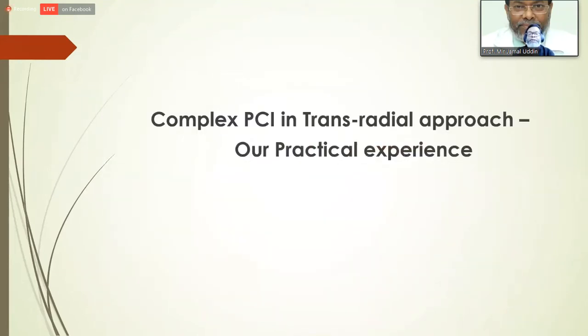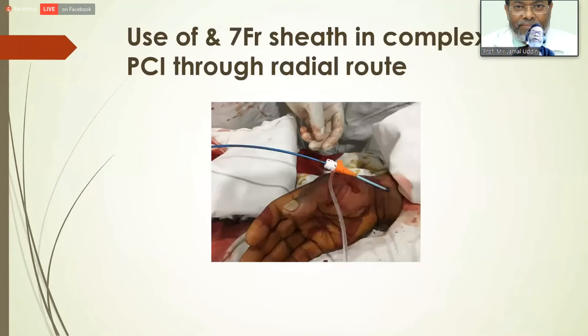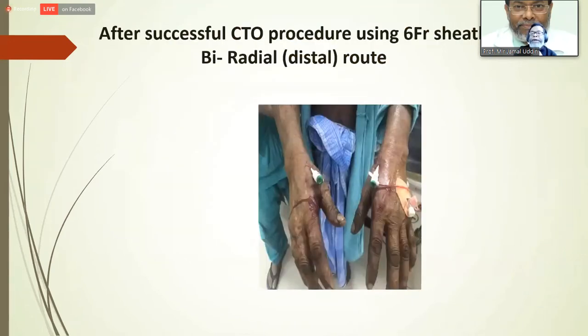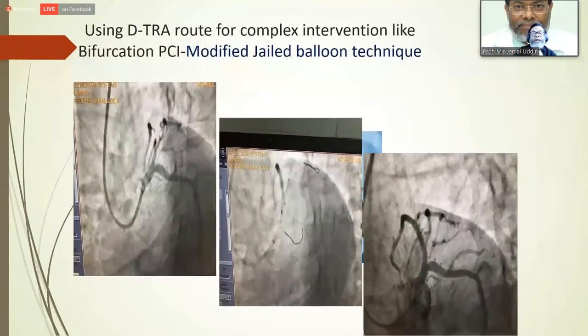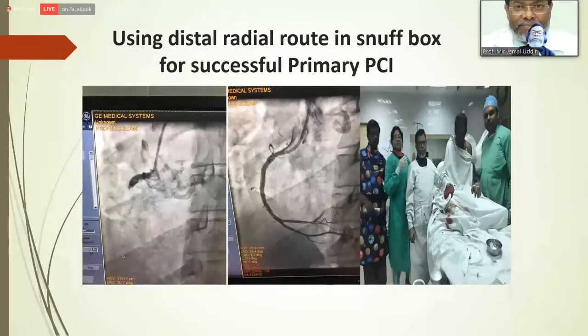Complex PCI in transradial approach, our initial experience: 7 French guide, done by the virtual sheathless approach. You see the sheath is out and the guide is inside, by radial approach, and this is the scenario. The second strip shows the PCI done and the result.